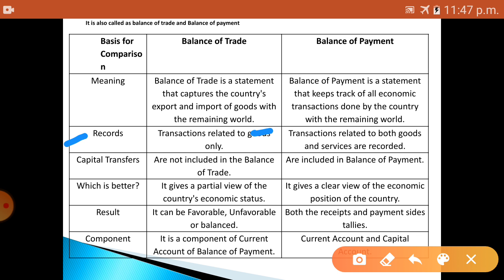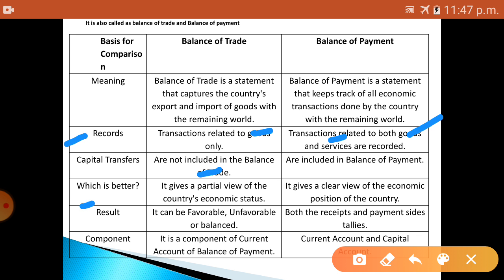Next, balance of payment records both goods as well as services. In balance of trade only goods are recorded. Next comes capital transfers. Capital transfers are not included in balance of trade, whereas in balance of payment capital transfers are included.